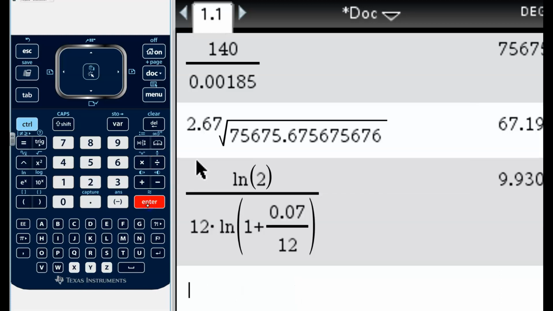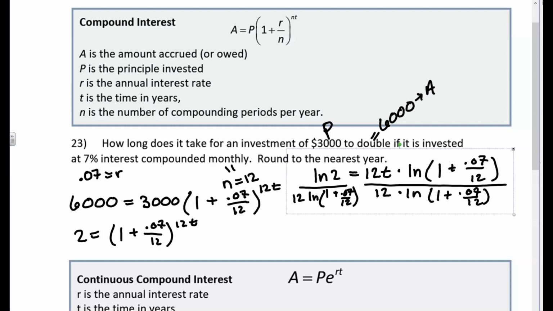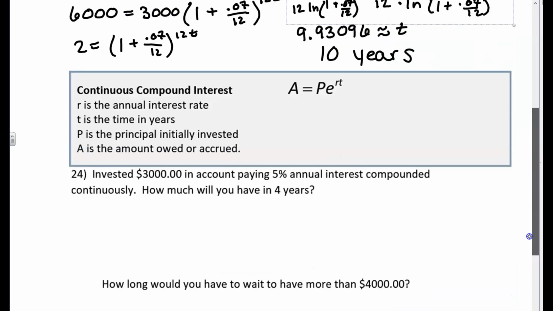And when I do that, I should get my answer of 9.93096. Come back over here, 9.93096 is approximately equal to t. It tells me to round to the nearest year, so it's approximately 10 years is my answer. It's ugly math, but it works.